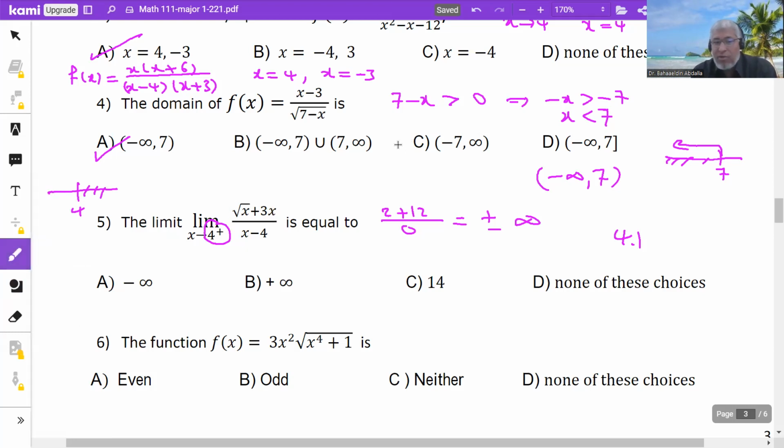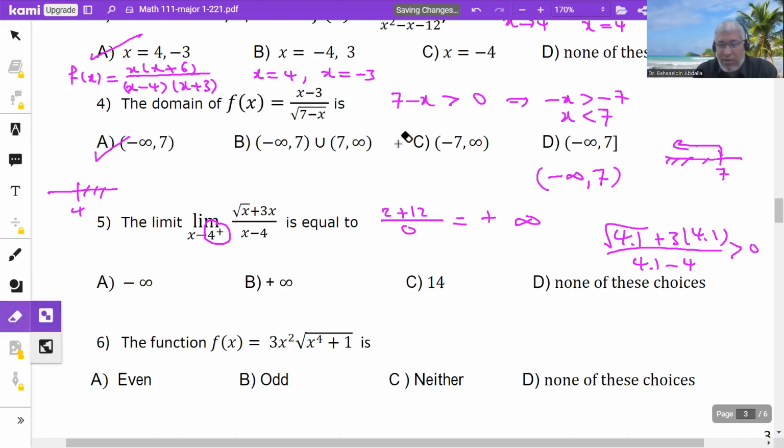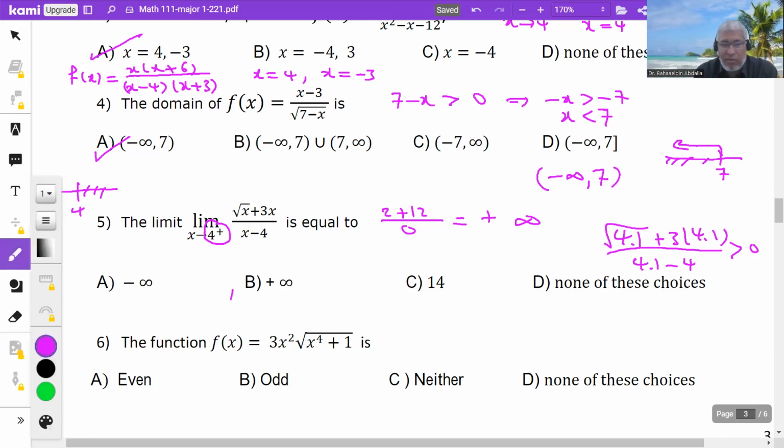So square root of 4.1 plus 3 times 4.1 over 4.1 minus 4, that's 0.1. Is this positive or negative? The numerator is positive. The denominator, 4.1, is greater than 4, so it's positive. So the answer is positive infinity and not negative infinity.